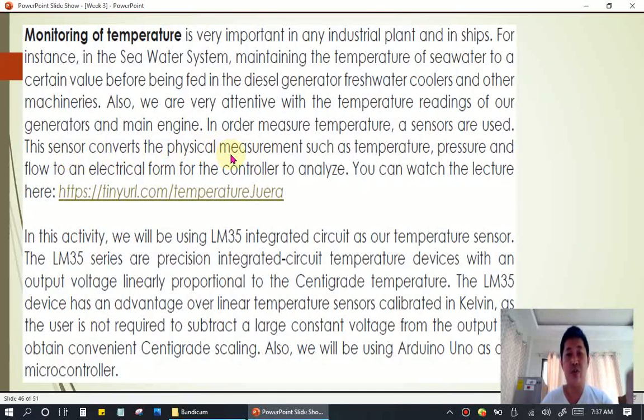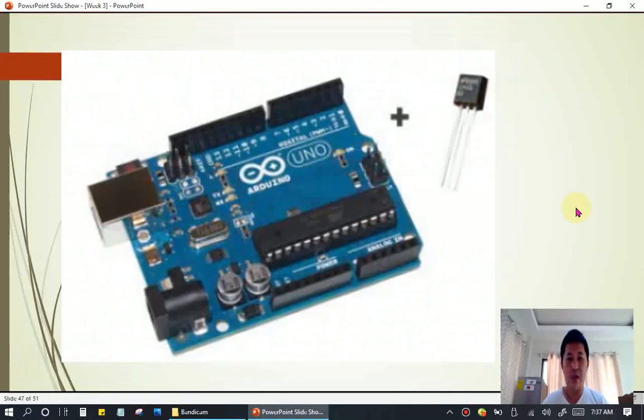So we have the activity for your lab manual. I already sent this in your Binakle. Based on our discussion, you have to do this activity and read carefully the instructions here.